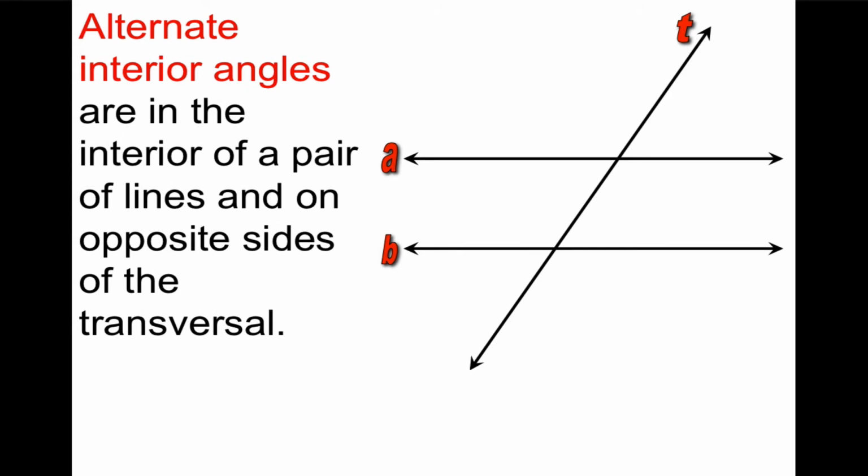The next relationship we're going to talk about is alternate interior angles. Alternate interior angles are in the interior of a pair of lines and on opposite sides of the transversal. So first of all, we want to talk about interior and exterior. And for me, I always think of paint.